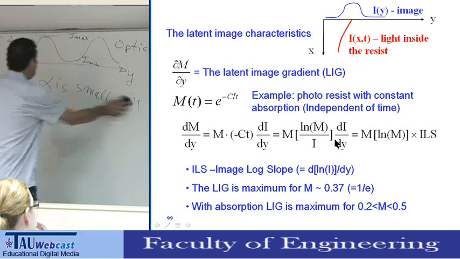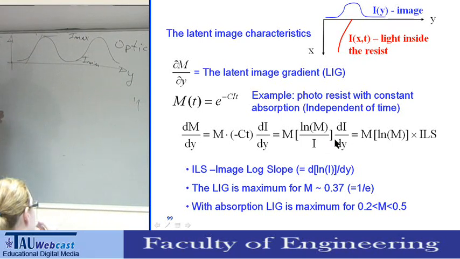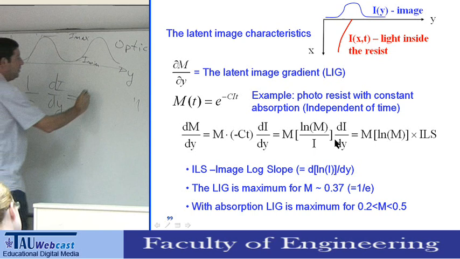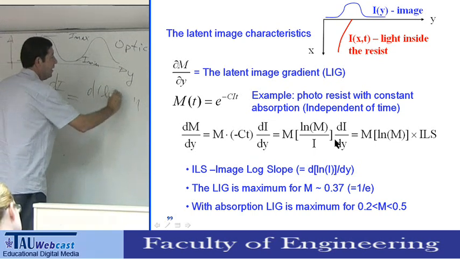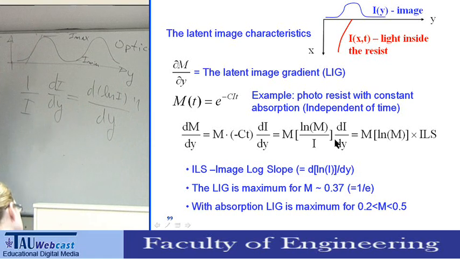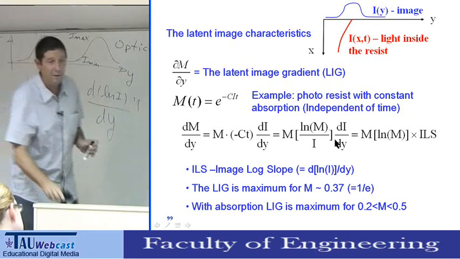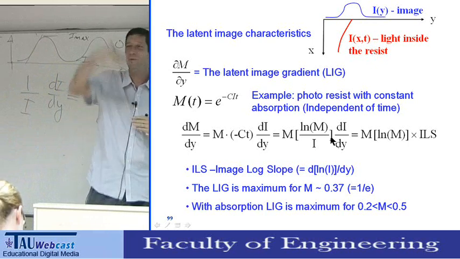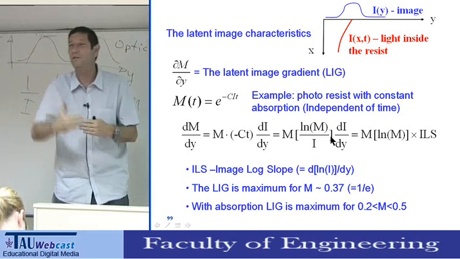But this, 1 over I dI over dy, is also d ln I over dy. So this is the most important conclusion of this lecture. The rest of what we are going to do is kind of a derivative of this equation.